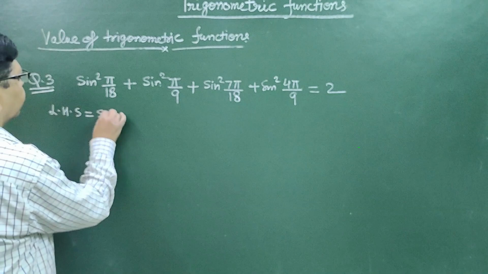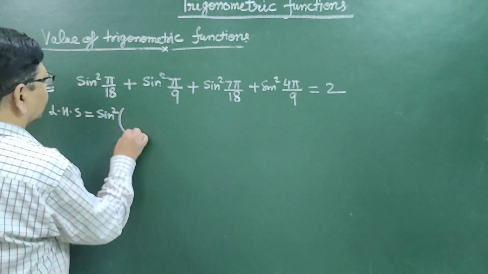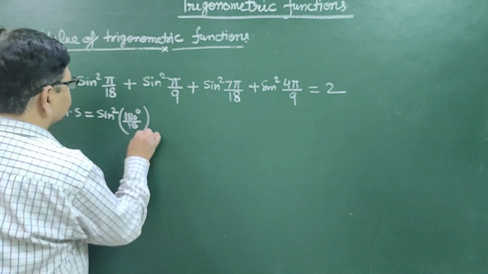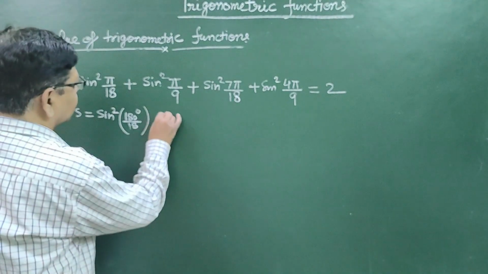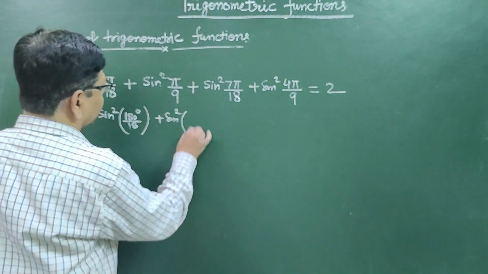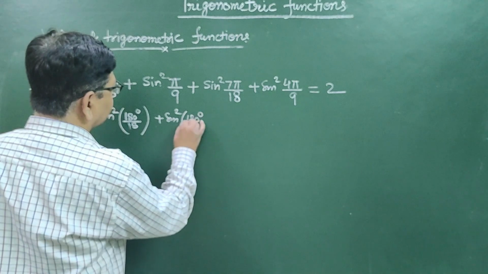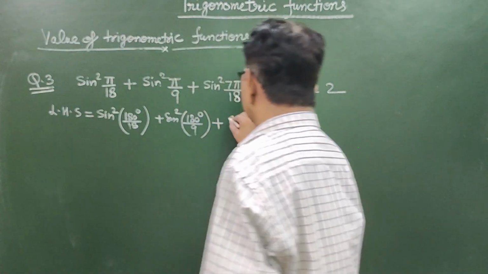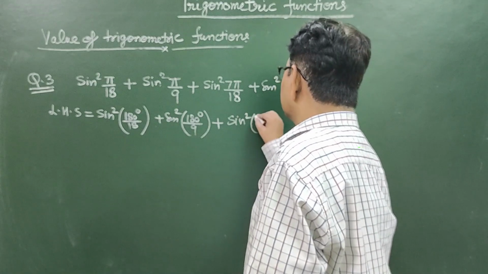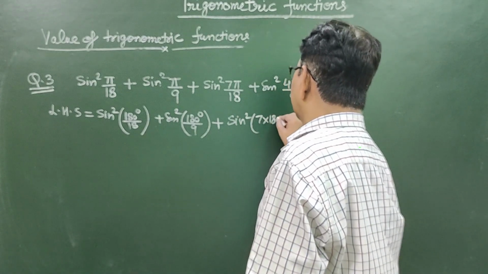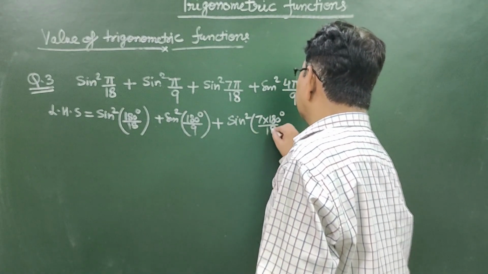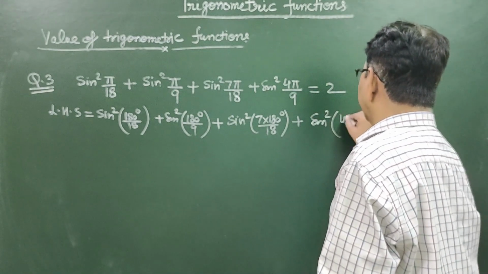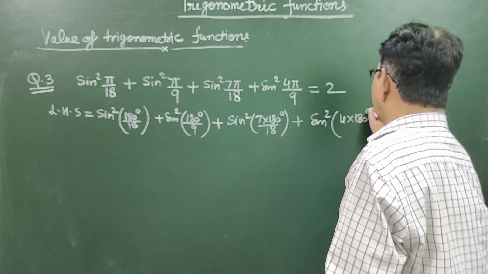Sin square pi upon 18 means sin square, pi is 180 degree, 180 degree upon 18, plus sin square 180 degree upon 9, plus sin square 7 into 180 degree upon 18, plus sin square 4 into 180 degree upon 9.